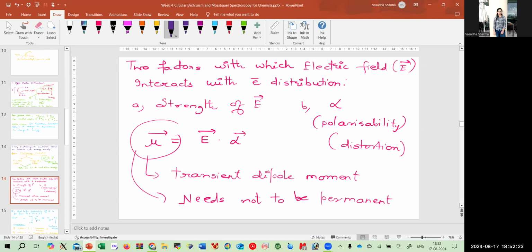So as and when electric field interacts with the electron density, it creates polarizability, which as a combination creates a transient dipole moment, which need not be permanent. Because since it is very simultaneous, as and when the electric field is interacting, the polarizability is happening, and therefore it need not be permanent.